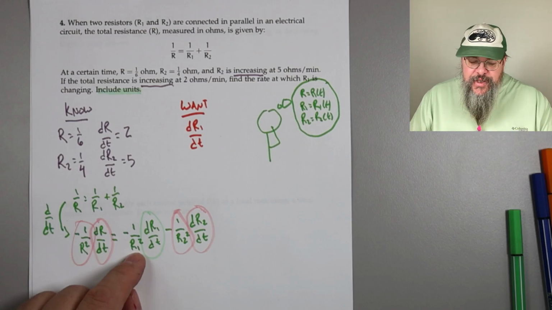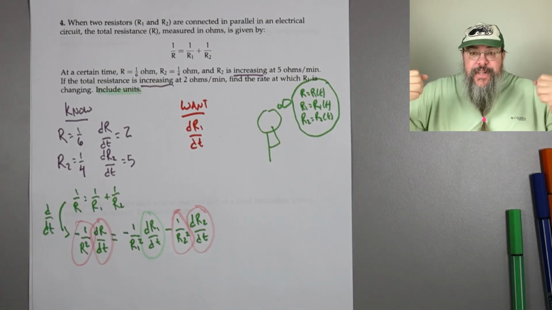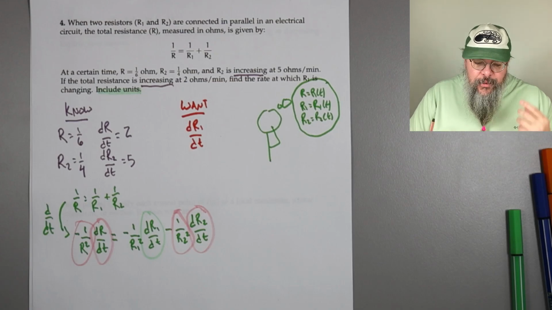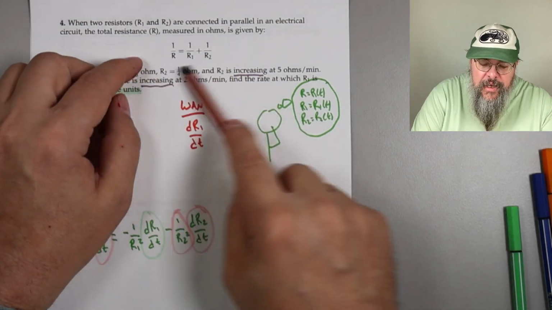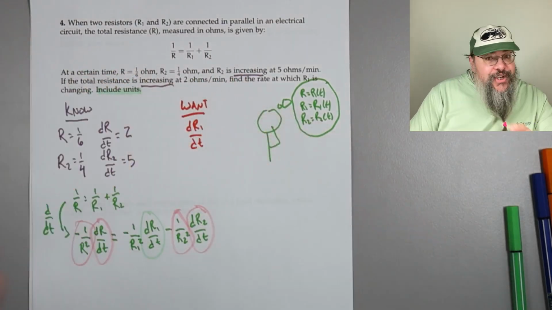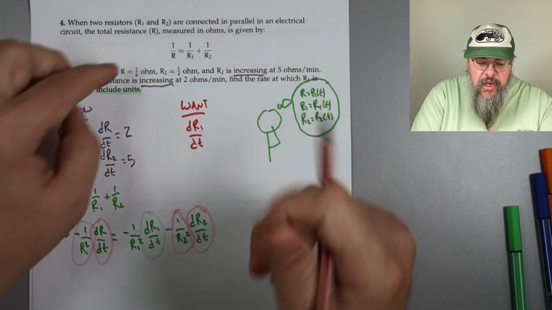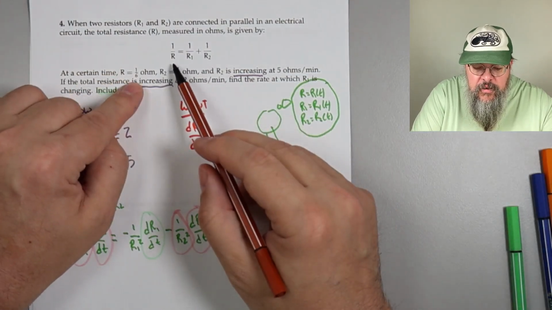But there's good news. Remember, these are related rates, which means there's relationships. So we're going to use our relationships. So which relationship do we use? Well, we come up here. Say, hey, check it out. So we plug into our relationship. Say, okay, r is 1/6.